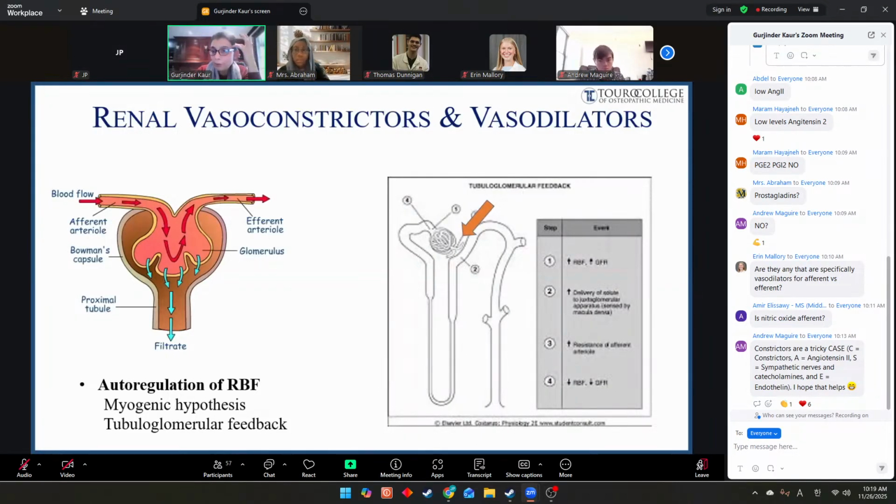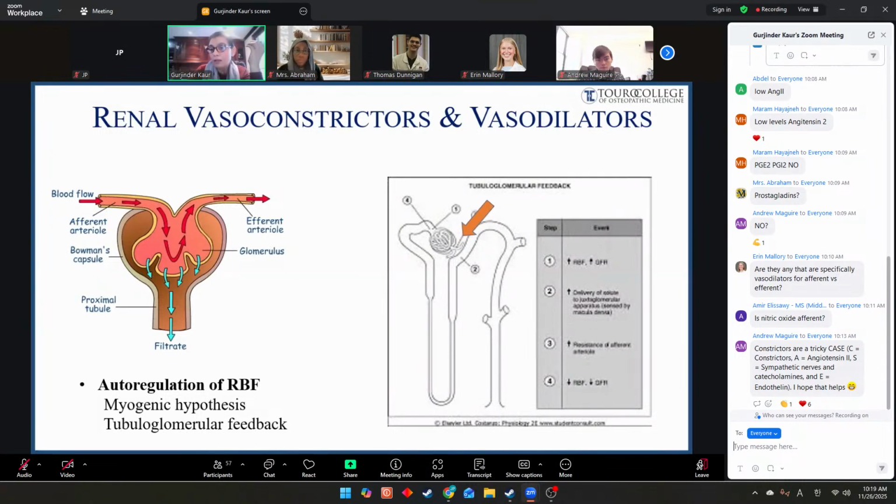So there are two hypotheses on how to auto-regulate this RBF, and these are just hypotheses. Nothing is very straightforward at this point. One of them is the myogenic hypothesis. That means the muscles control it on their own.